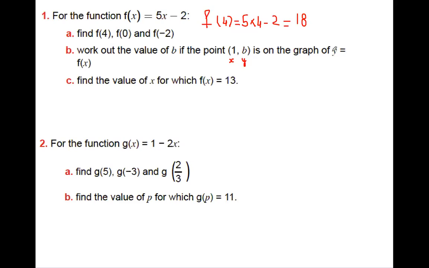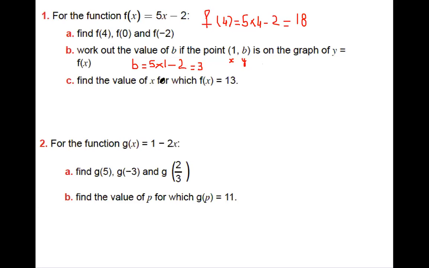They've told us y equals f of x, so that means b equals 5 times 1 take away 2. So what's 5 times 1 take away 2? 3. So now we've got our b. That's it. That's how easy it is.